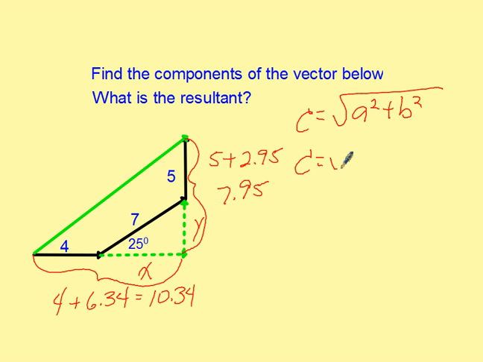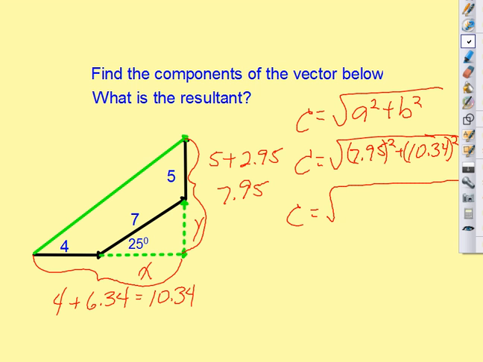So c is going to be equal to the square root of 7.95 squared plus 10.34 squared.